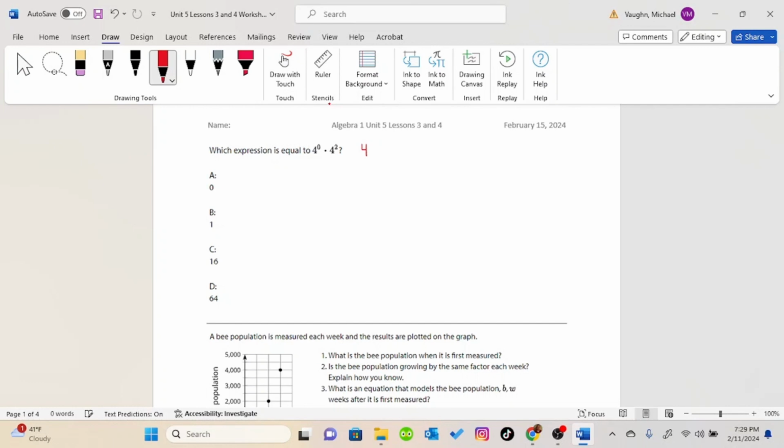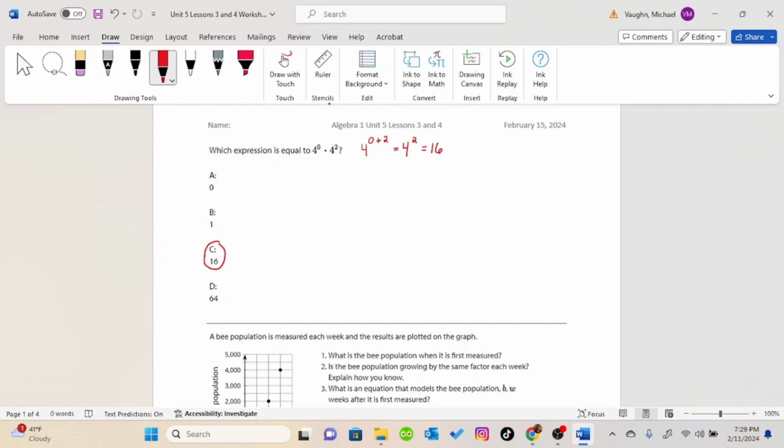So this becomes 4 to the 0 plus 2, which equals 4 squared, and 4 squared equals 16. So C is the correct answer.